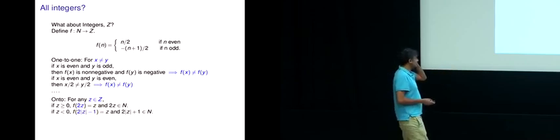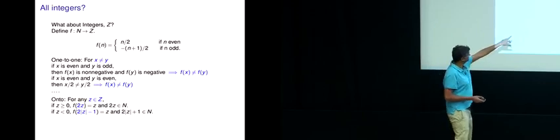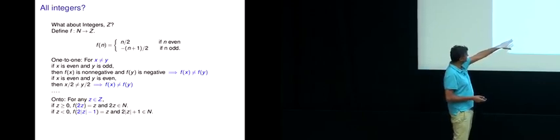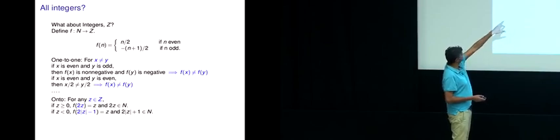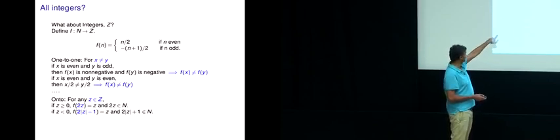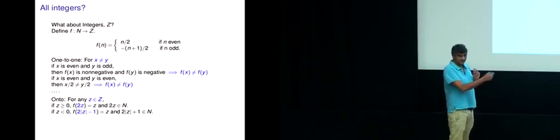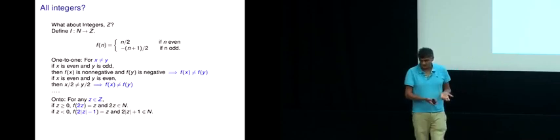If z is less than or equal to 0, if you plug in 2 times the absolute value of z minus 1 into this function, you add 1 and get 2 times the absolute value of z, then you divide by 2 and get the absolute value of z, and then you negate it. And that would be z. Negative the absolute value of z is z if z is negative.